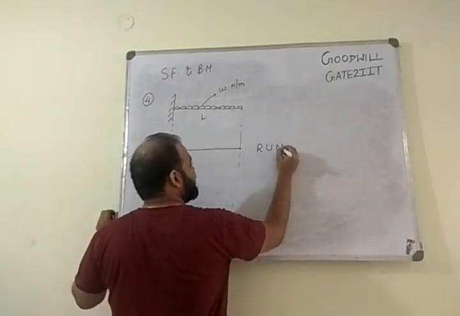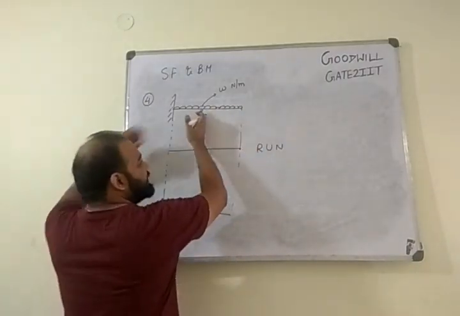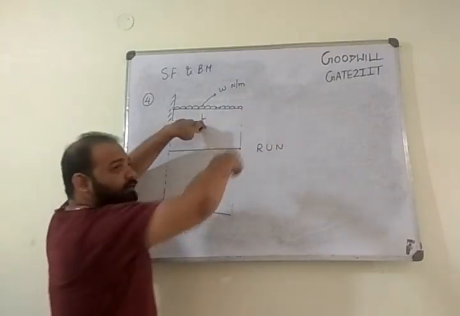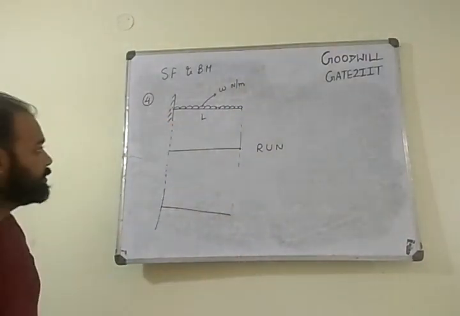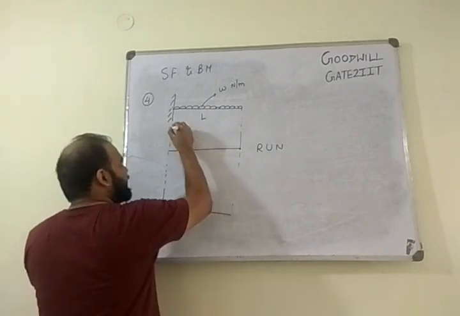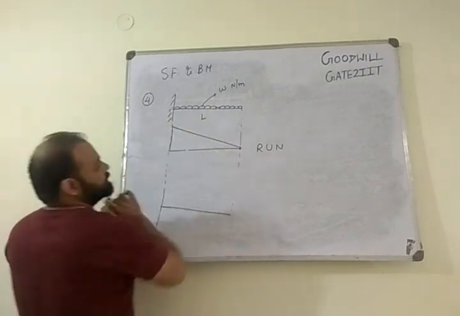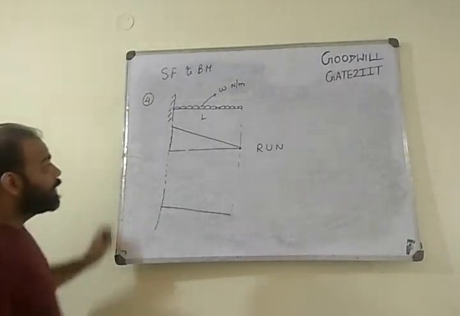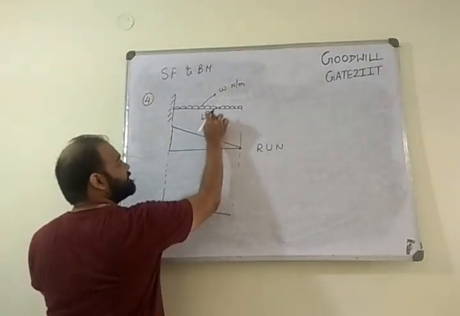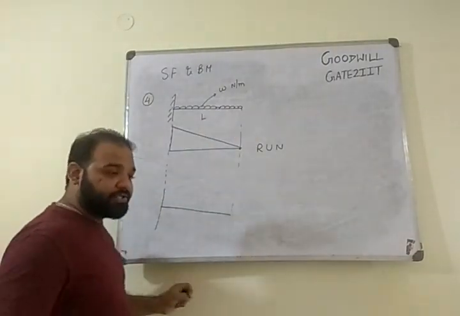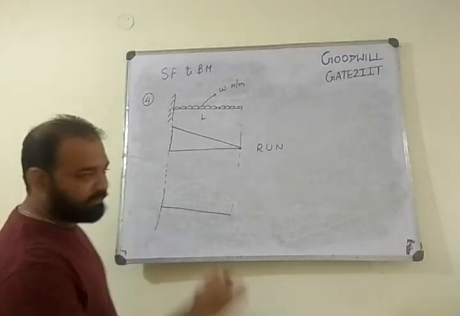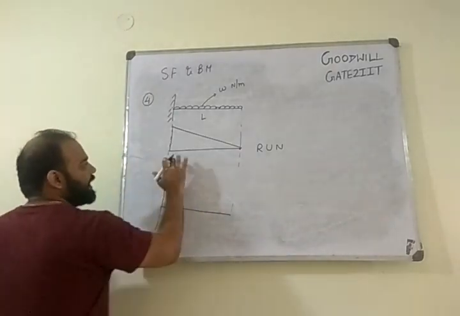Upward is negative. When I'm moving from the right hand side, all these forces are acting downwards. If upward is negative, downward should be positive. So my shear force diagram will start from this point and go to this. It will be something like this. Why is it linear? Linear shear force when you have UDL. Constant shear force when you have point load. We'll see what happens in moment terms. Alright, I hope it is clear.